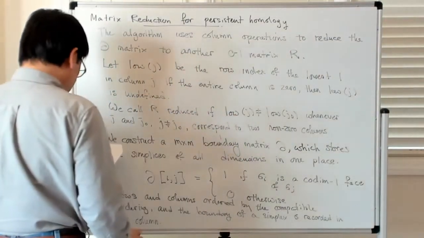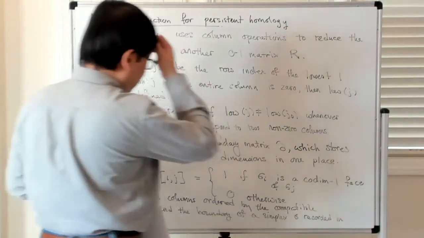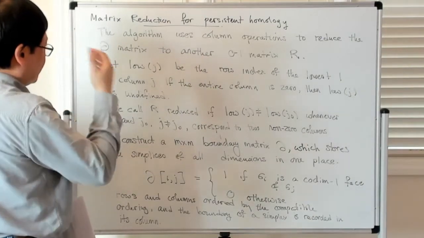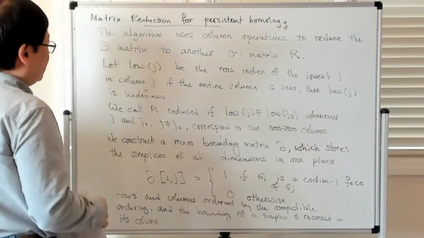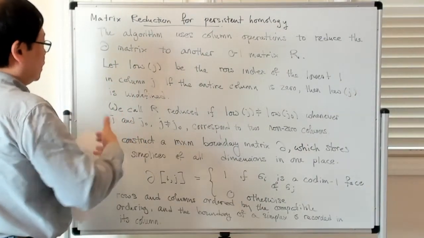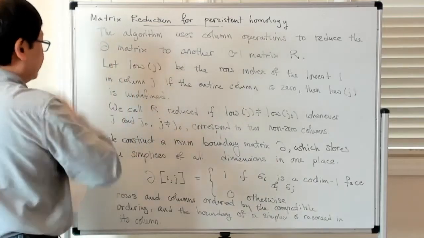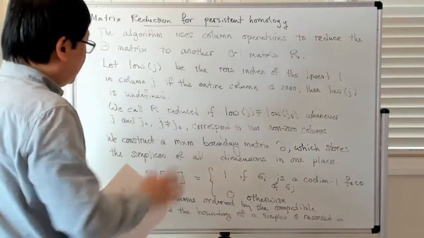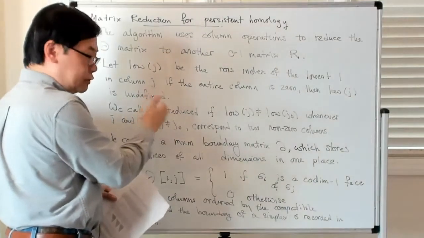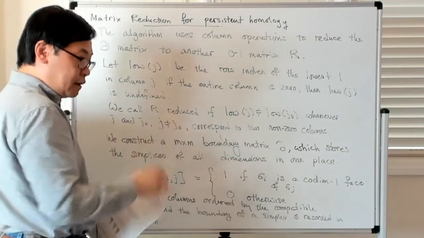And the point is that we'll introduce an algorithm which will take the boundary matrix and convert it into this reduced matrix with this property.